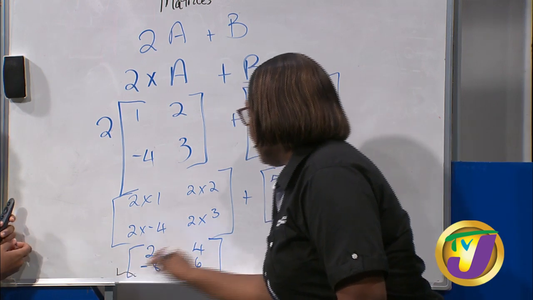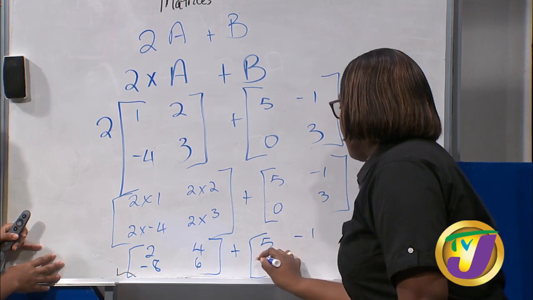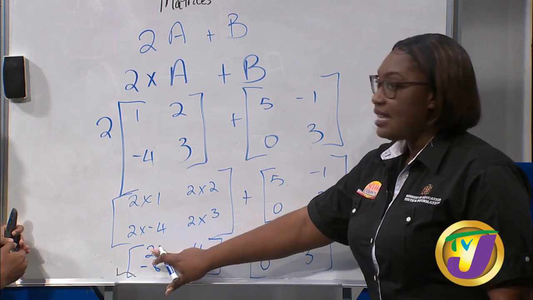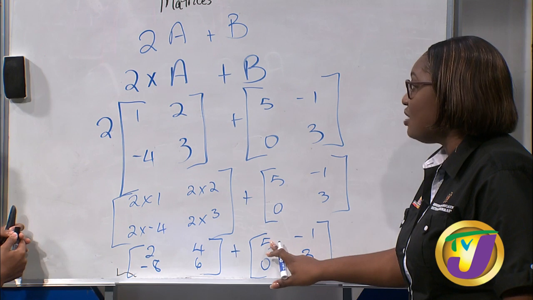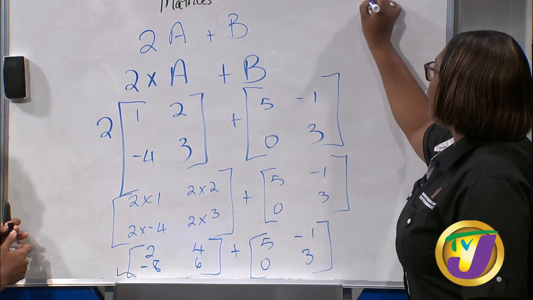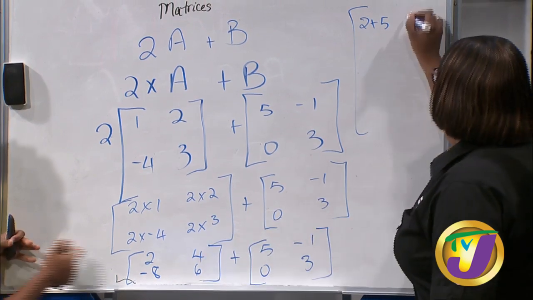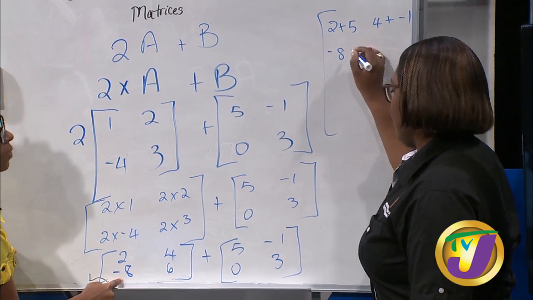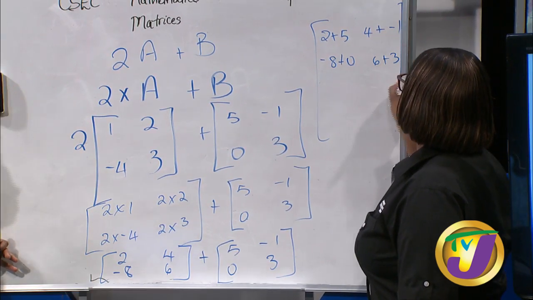And we're adding corresponding elements in our matrix B. That simply means that the first entry in our first matrix is going to be added to the first entry in matrix B. So that's going to be 2 plus 5, 4 plus -1, -8 plus 0, and 6 plus 3.